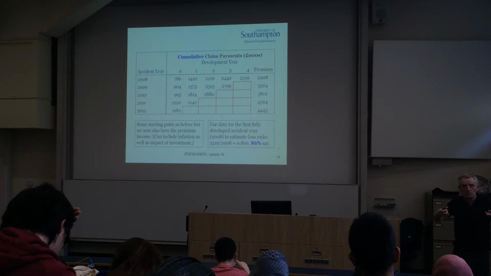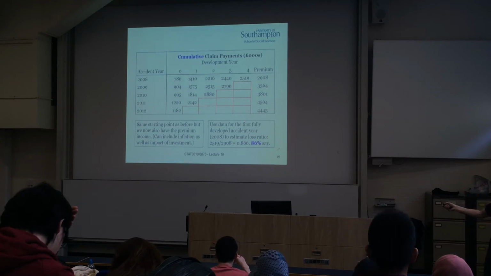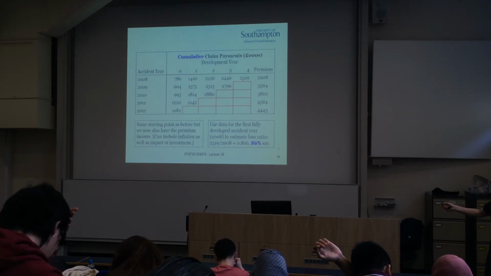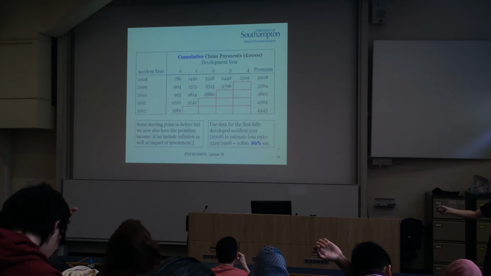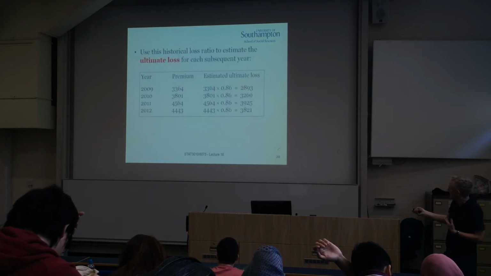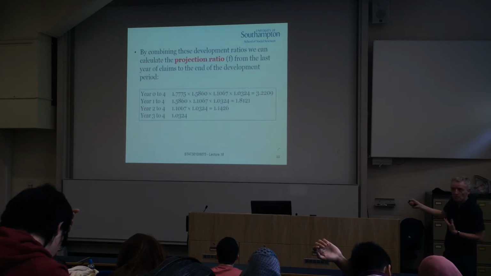If I was using the simple chain ladder method, that is how I would get an estimate of the total cumulative claims paid by the end of 2016 corresponding to accidents in 2012. It's just a product of those separate development ratios, which is this number, 3.2209.